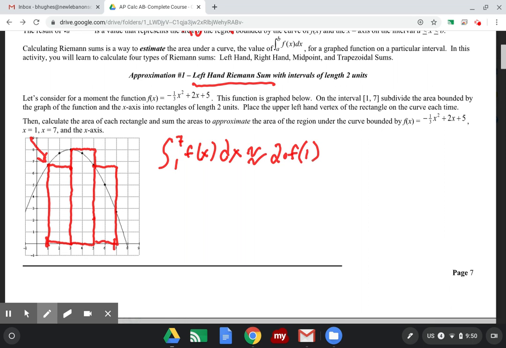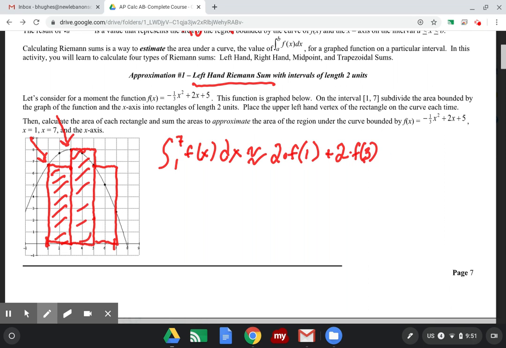So 2 times f of 1 tells me the area of this first rectangle. Then I add that to the next rectangle, which is 2 units wide times the height given by that function value right there, which is f of 3. That tells me this area.